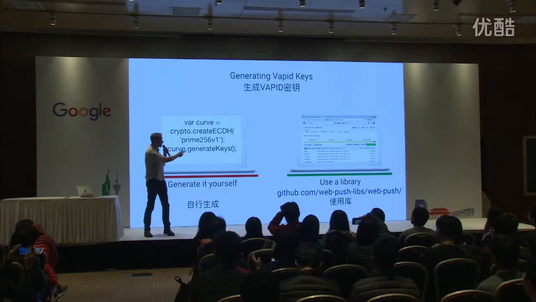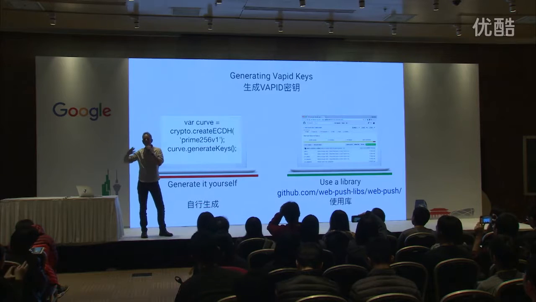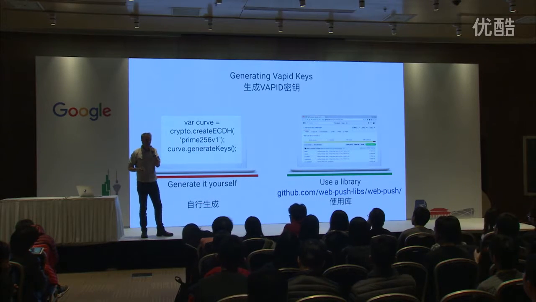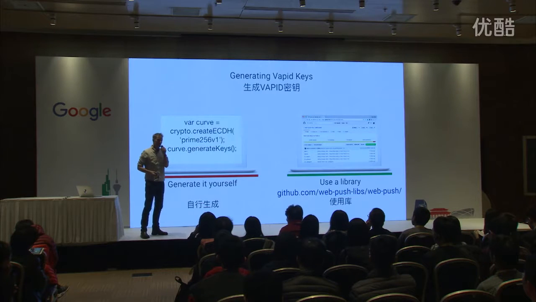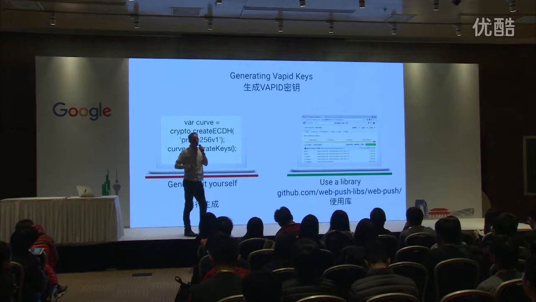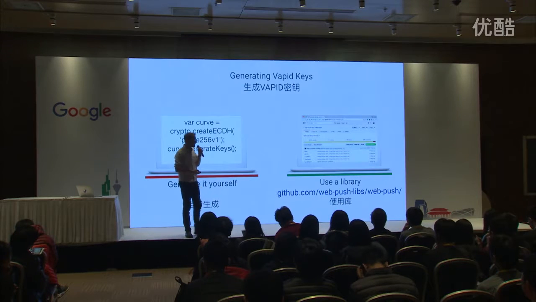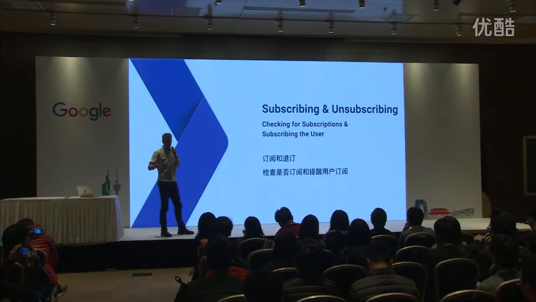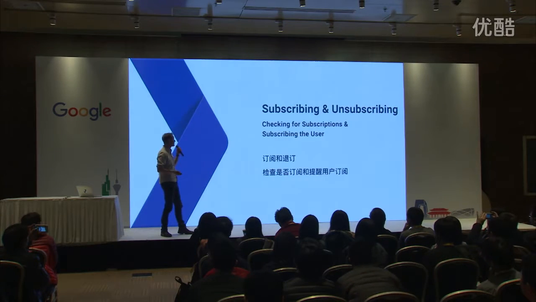They're really well written, and even if you're rolling your own push messaging service, I would recommend that you use these libraries. For example, using a server using Node, it's a really straightforward way to generate and send messages, just using the library. And we have codelabs for that as well, so you can try that out.